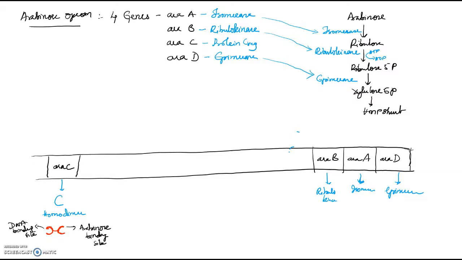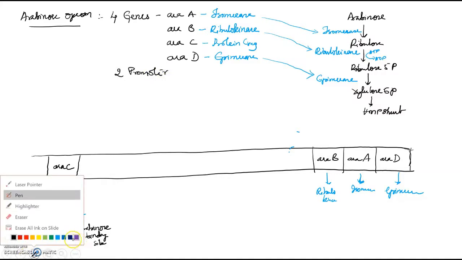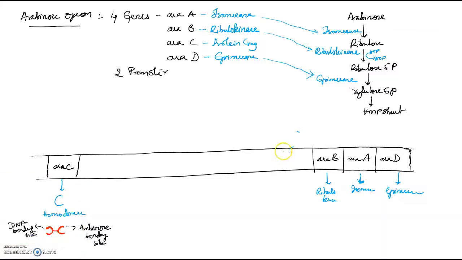Now apart from these, what does it have? It has two promoter regions. Promoter regions are the places where RNA polymerase binds. There is a promoter for BAD.